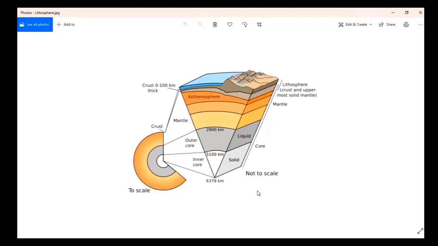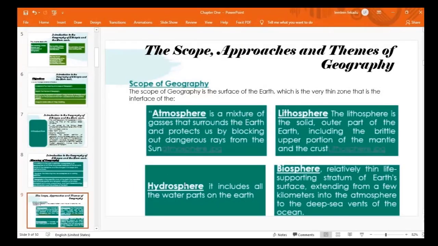The inner part of the Earth is the core, the middle part is called the mantle, and the outermost layer of the Earth is the crust. So when we say lithosphere, it includes both the crust and the uppermost solid part of the mantle.